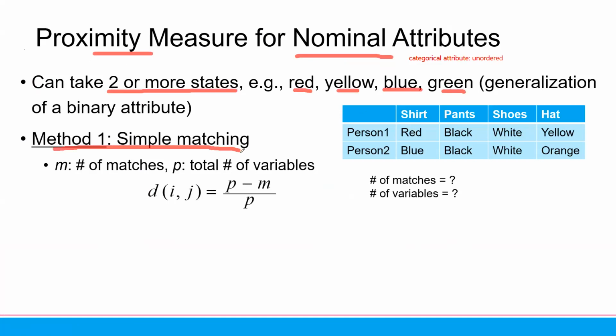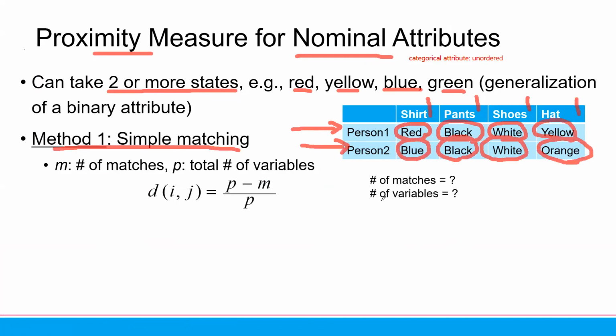The simple matching means, let's say I have object 1 and object 2. And I have attribute 1, attribute 2, attribute 3, attribute 4. Person 1 is wearing a red shirt, black pants, white shoes, and a yellow hat. Person 2 is wearing a blue shirt, black pants, white shoes, and an orange hat.